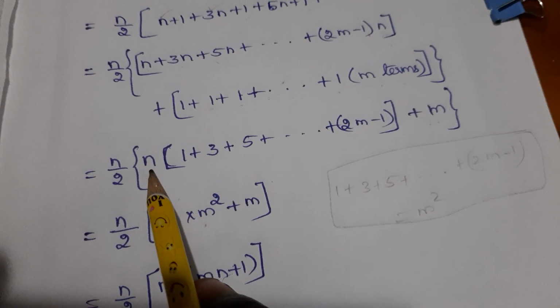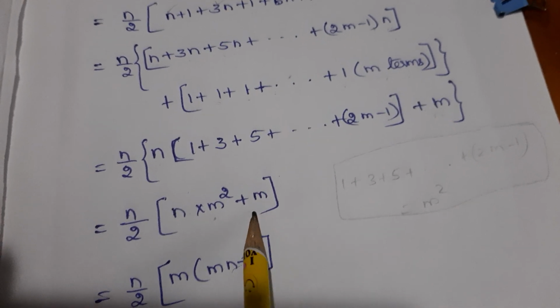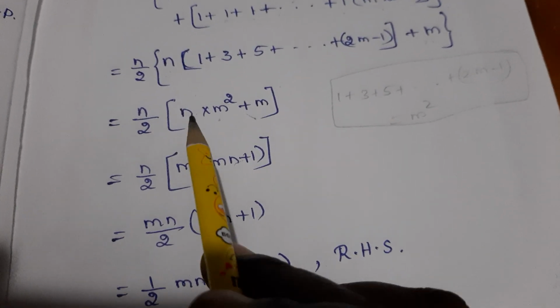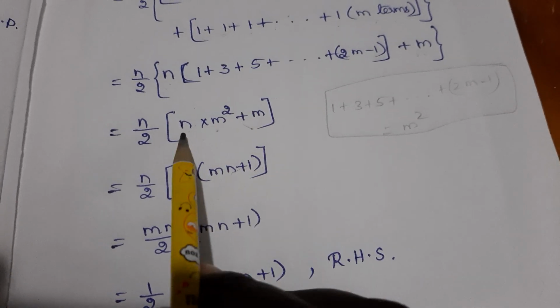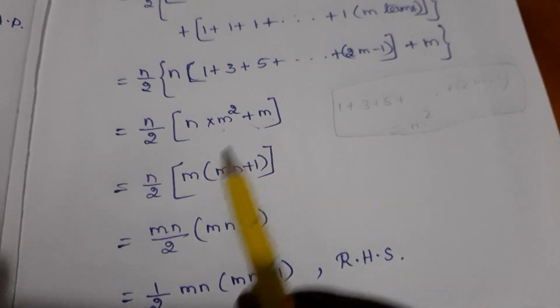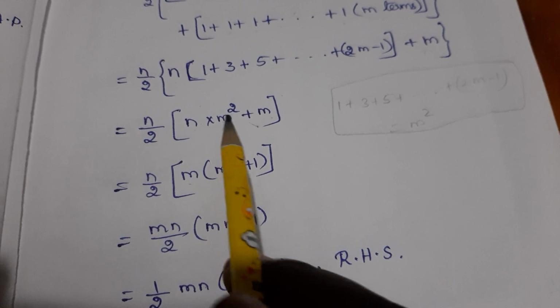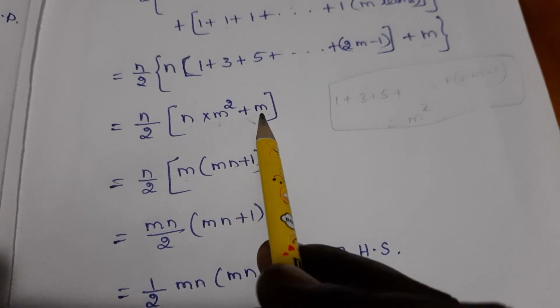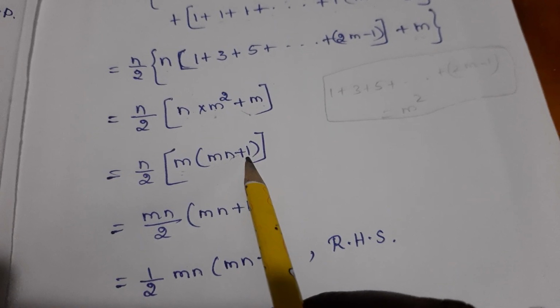So you are getting n into m square plus this m. Okay. So you have n into m square plus m. In this, the first term has m and the second term has m. Take the m commonly outside. So the remaining from the first term, you write as mn, plus this m taken outside, so we have only 1.